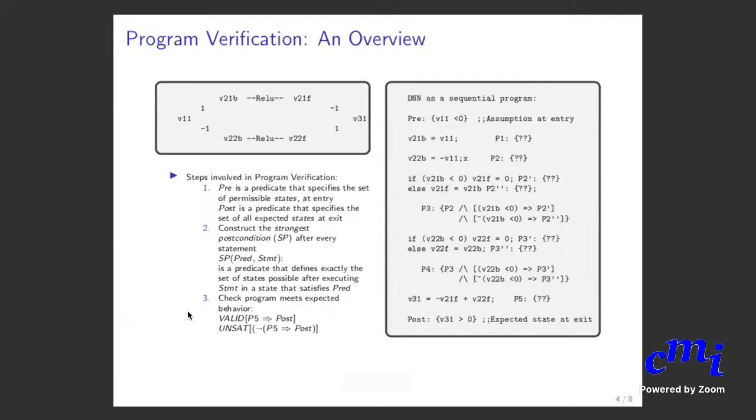And then when you get to the exit point, whatever the strongest postcondition would capture, exactly, precisely, that set of states, the formula will characterize those states that can possibly occur at this point. Then we could use that to check that my postcondition is satisfied: if that is P5 here, I'll check validity of P5 implies post.